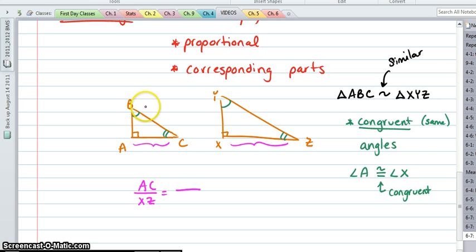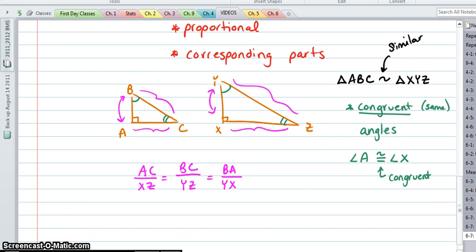I can also say BC corresponds with YZ, and that BA, which is right here, corresponds with YX. Knowing that the sides are proportional could help us find missing values, which is exactly what we're going to do next.